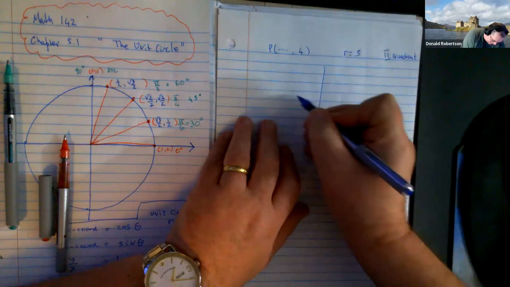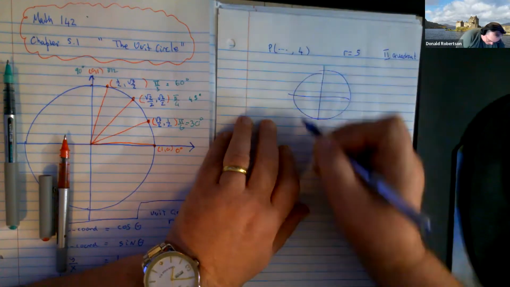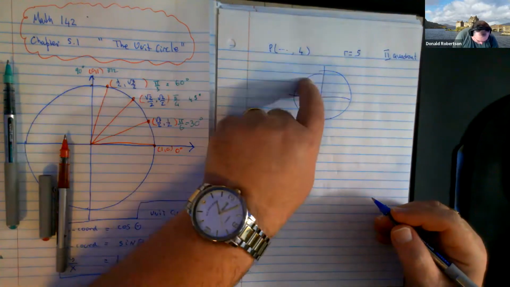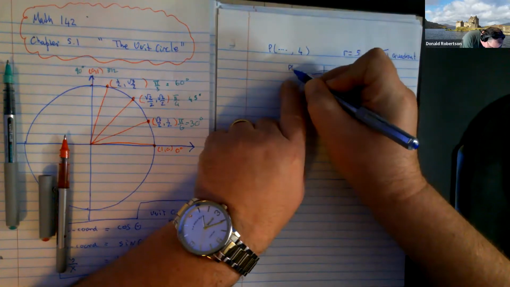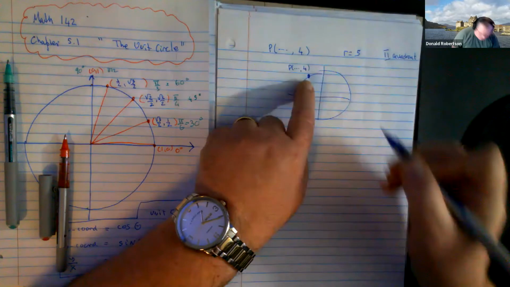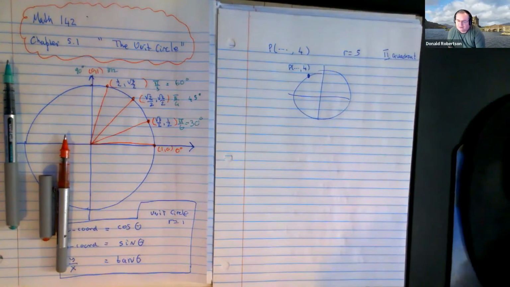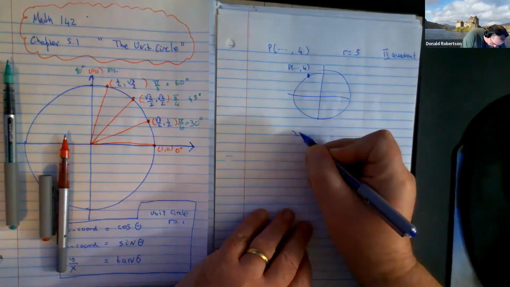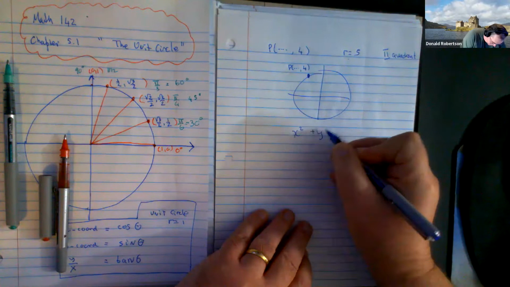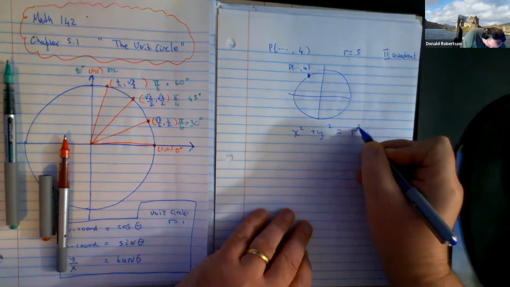Now, I would draw this guy. If you tell me it's in the second quadrant and it's something, comma 4, would you agree that it's up here somewhere? So far, so good. Now, what do I know about a circle whose radius is 5? Well, I know that x squared plus y squared equals the radius squared.